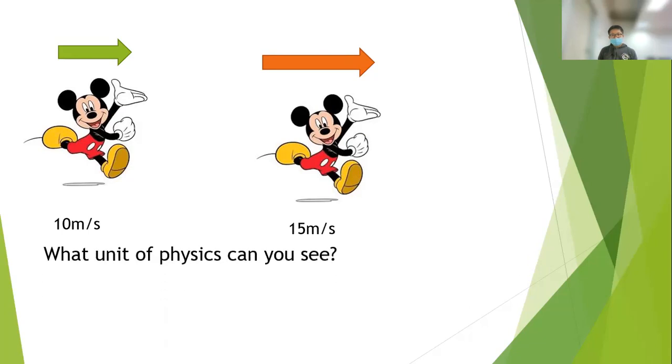So in this action, or we can say in this motion, what units of physics can you see? Anyone? Yes, you can see speed, time, distance, and acceleration. So today, we are going to introduce acceleration, which we haven't introduced before in chapter 1.